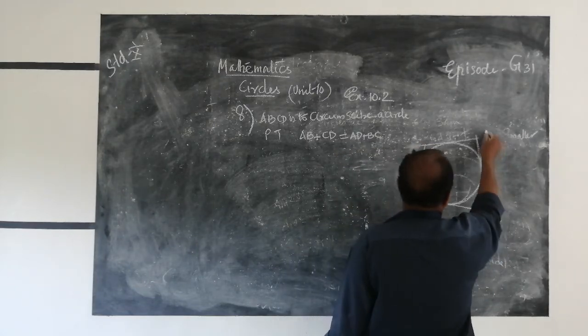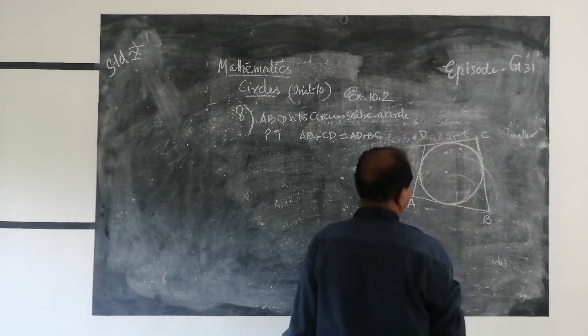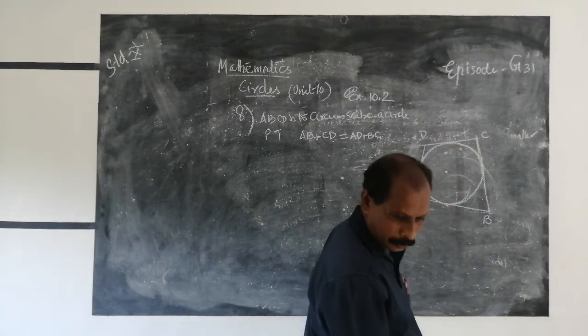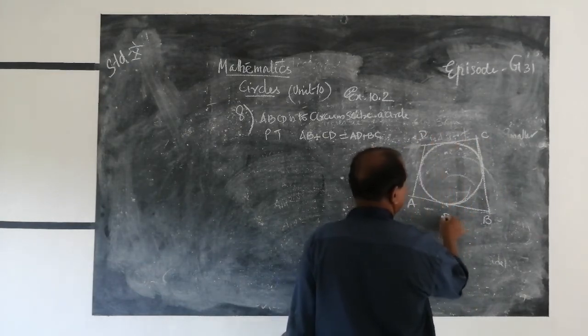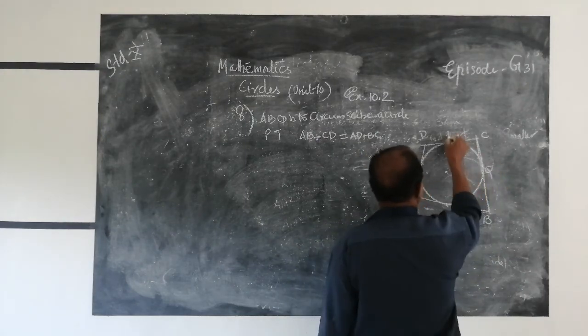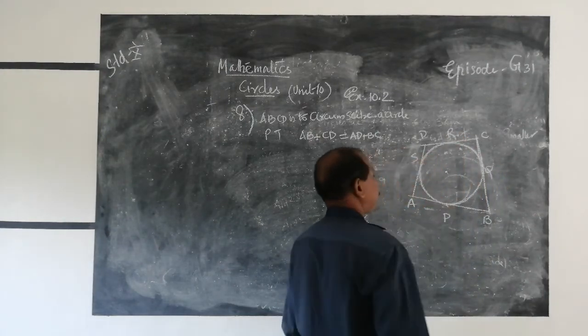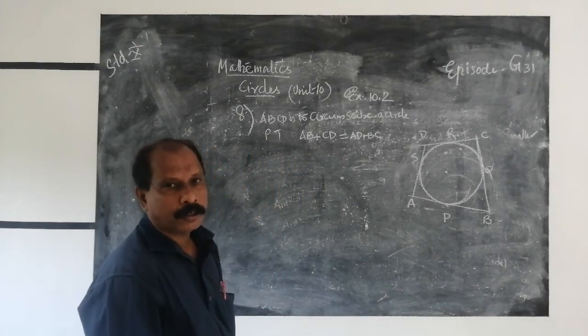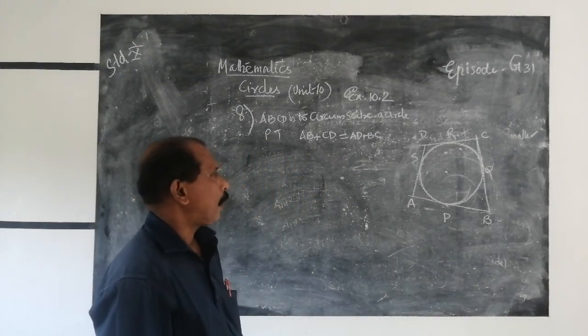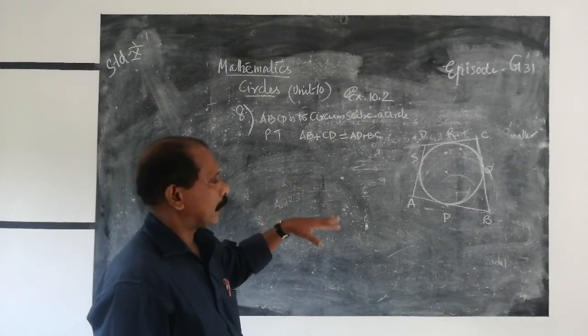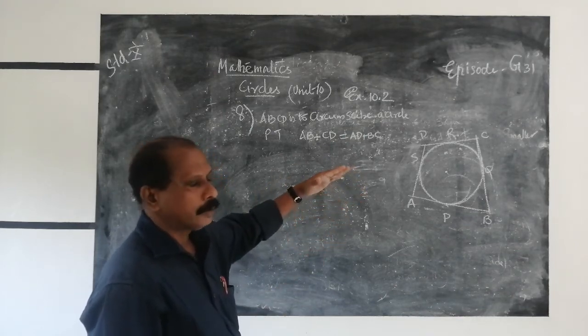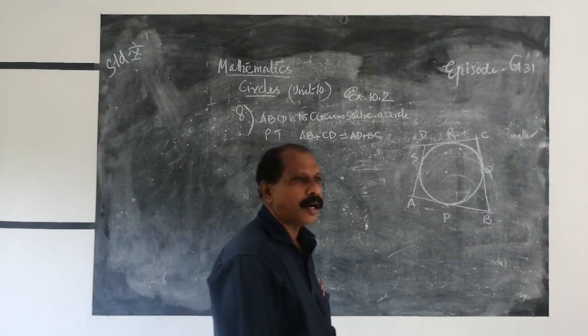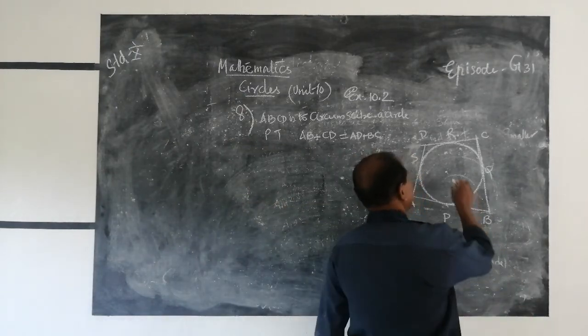A, B, C, D, P, Q. Okay. That means ABCD is a quadrilateral and it is circumscribed about a circle. That means all the sides of that quadrilateral are tangents to the circle.